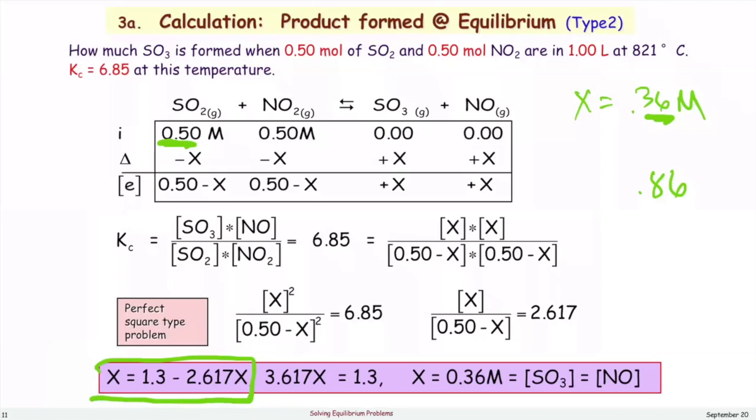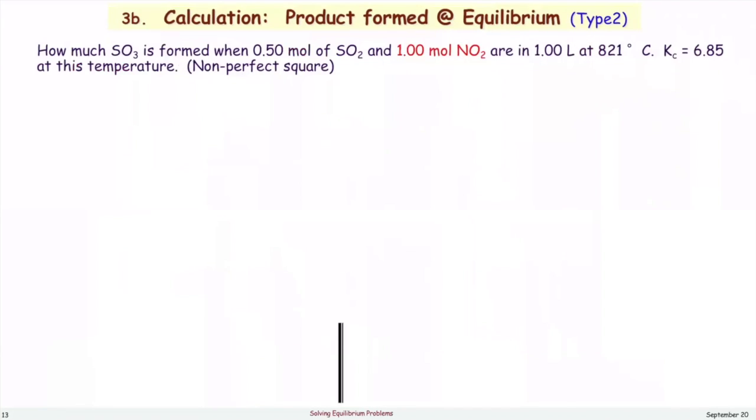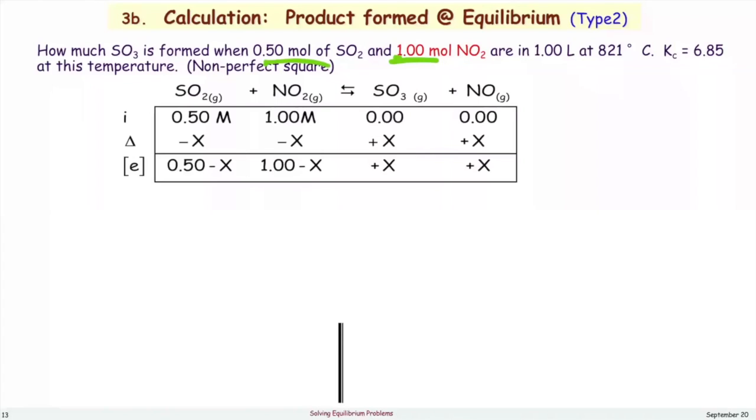Now let's take a look at the same problem, except I'm just going to vary it so that the initial concentrations are different. Here we have 0.5 molar SO2 and 1.0 molar NO2. So again, I'm going to set up my ice table. 0.5, 1.0. We don't have any SO3 in the reaction so far. And again, it's still going to be the same ratio.